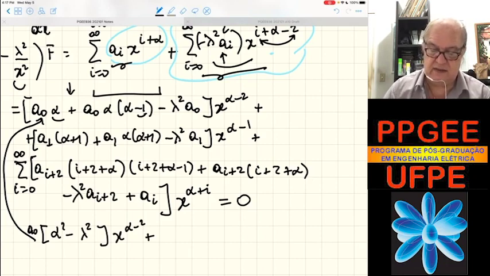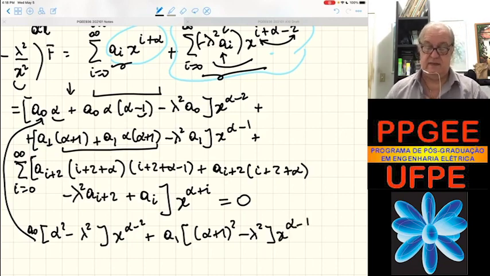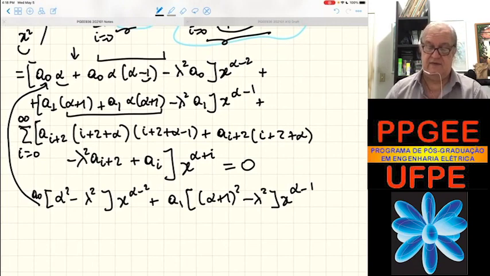Plus, the next one is going to be a1 times alpha plus 1 square minus lambda square, right? Then we have the other indices. It's going to be something like this.